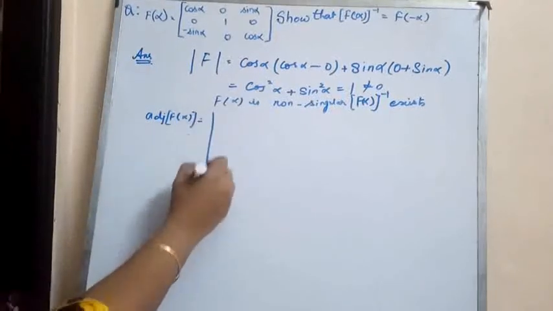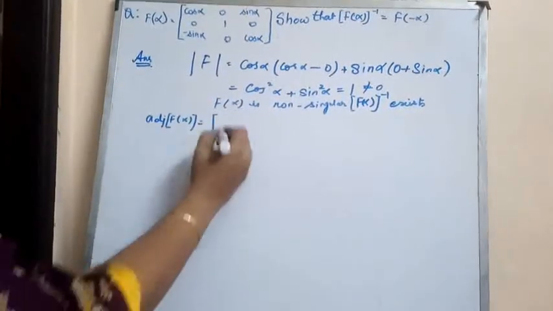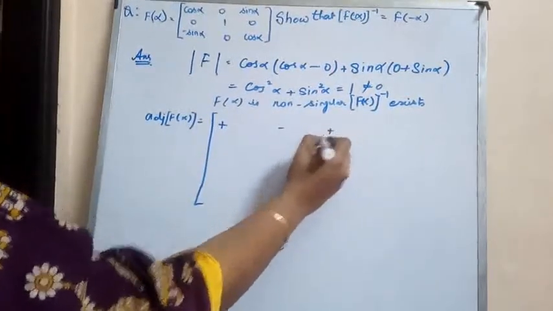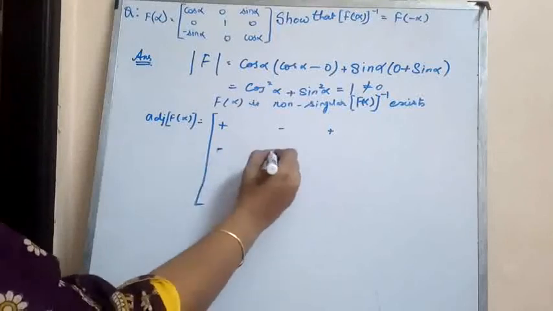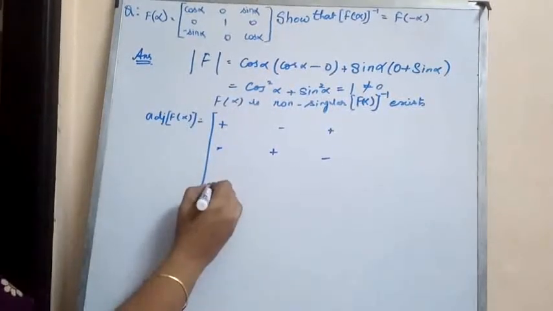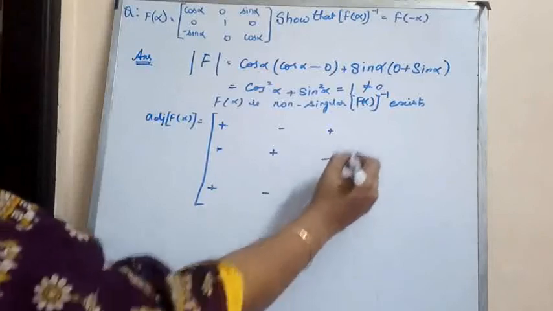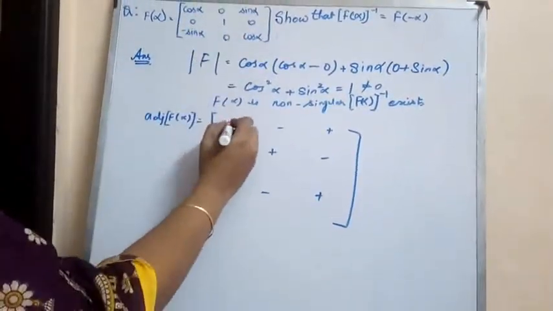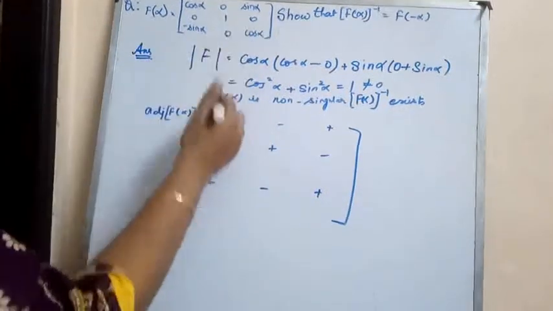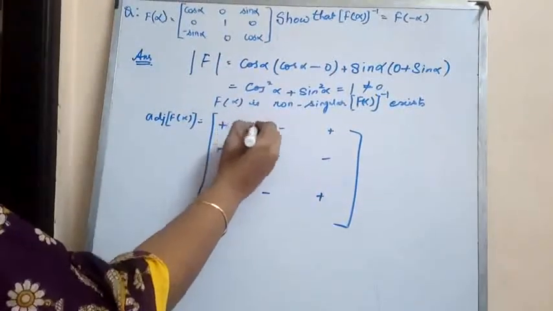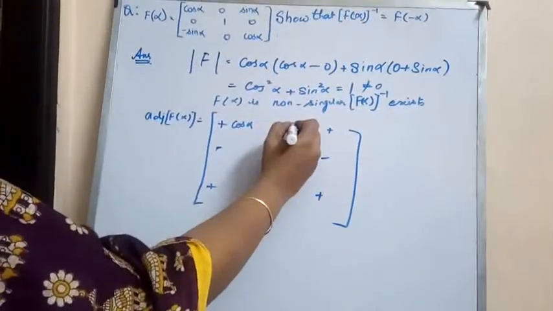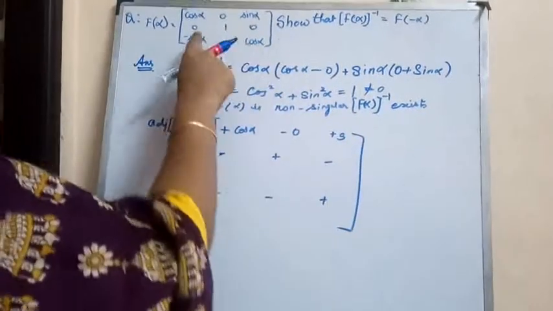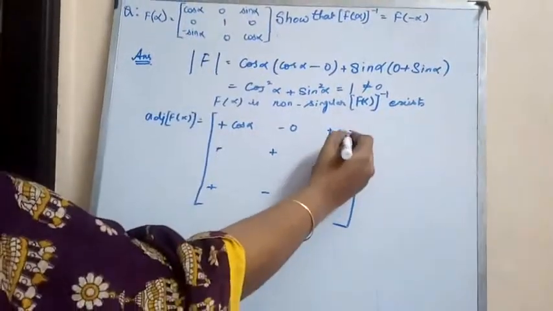So that is, now first start filling signs: plus, minus, plus, minus, plus, and here for cos alpha, the cofactor is cos alpha. For 0, that is 0. Here for sine alpha, you'll have this is 0 and this is sine alpha.